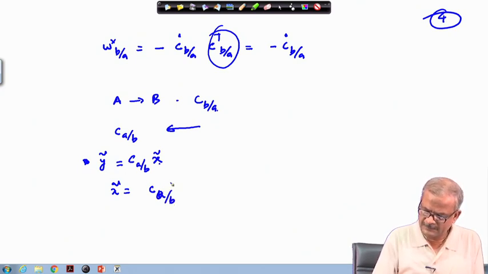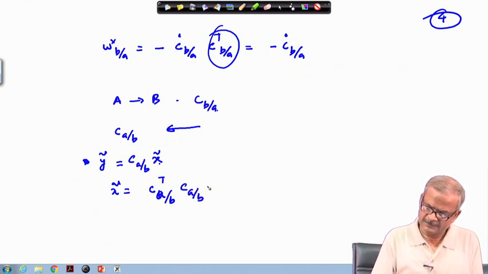So, this x tilde will be equal to C A transpose C A slash B times y tilde.